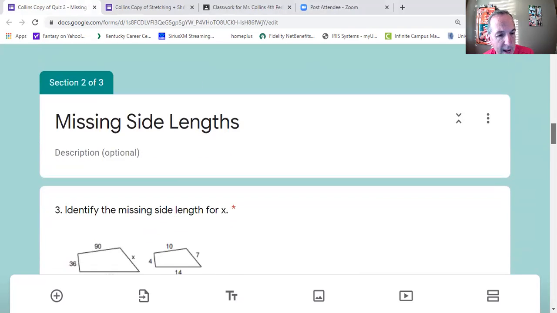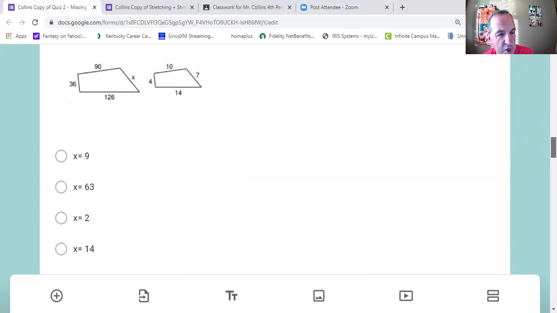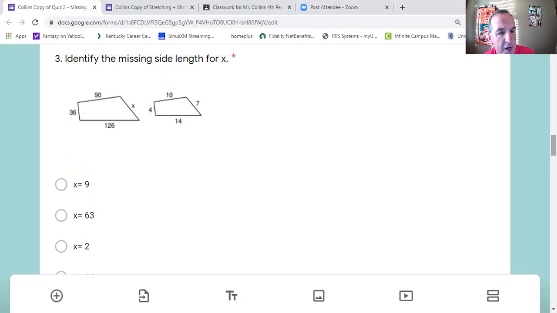On the next one, now we're finding a missing side. So we're going to do scale factor first. In this case, our X is on the larger figure. So that means we're going this way. Let me pull my annotator up real quick to make sure you understand what I'm saying, okay? We're going from the small figure to the large figure.